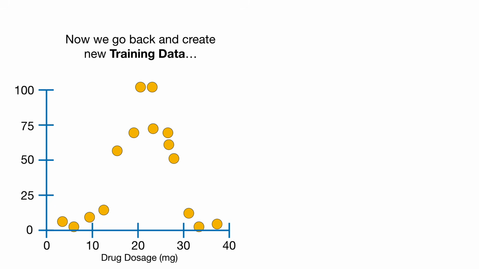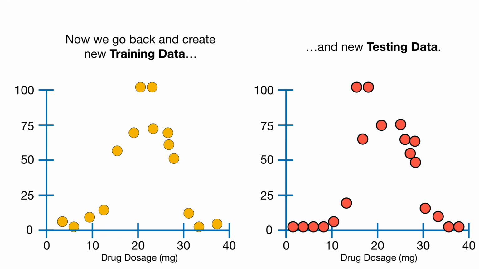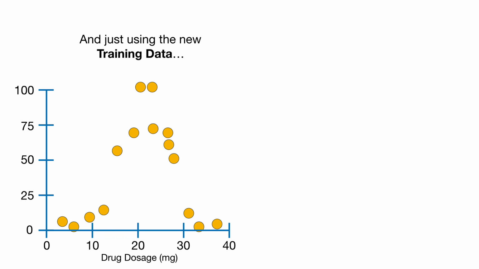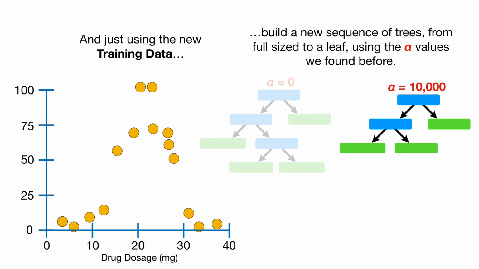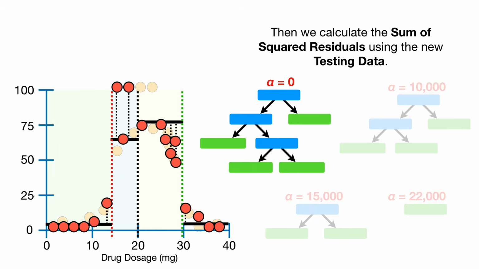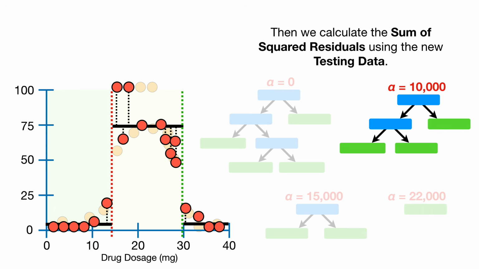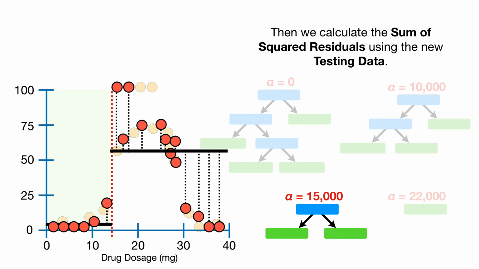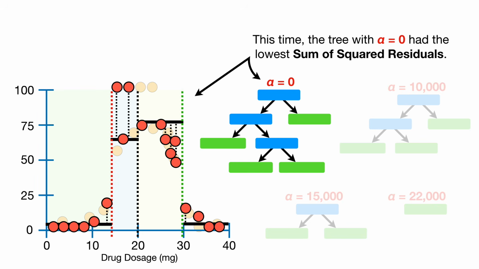Now we go back and create new training data and new testing data. And just using the new training data, build a new sequence of trees from full-sized to a leaf using the alpha values we found before. Then we calculate the sum of squared residuals using the new testing data. This time, the tree with alpha equals 0 had the lowest sum of squared residuals.